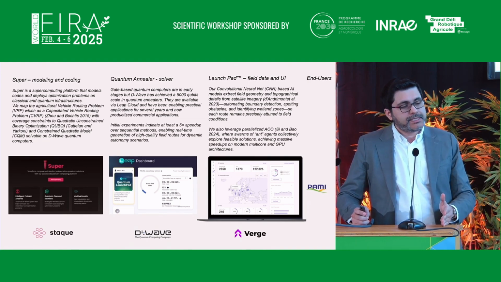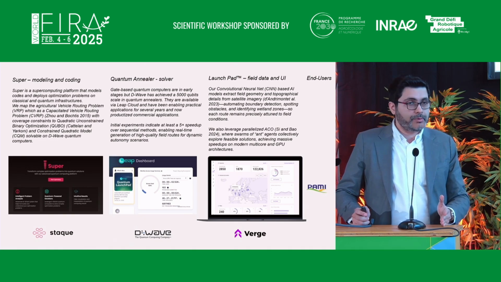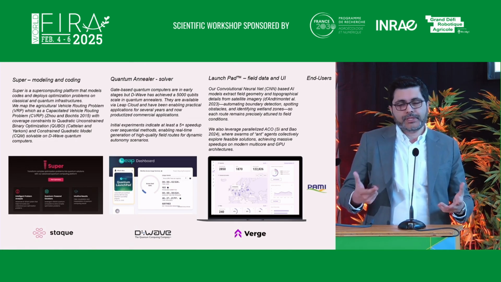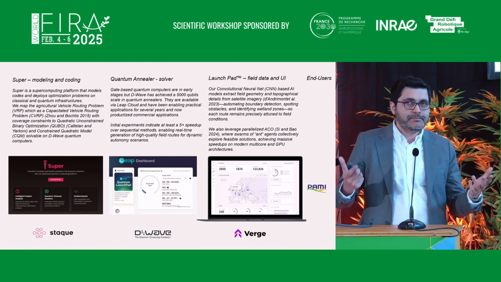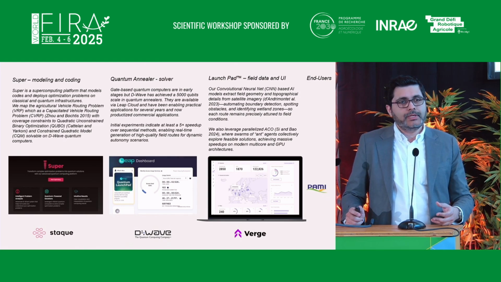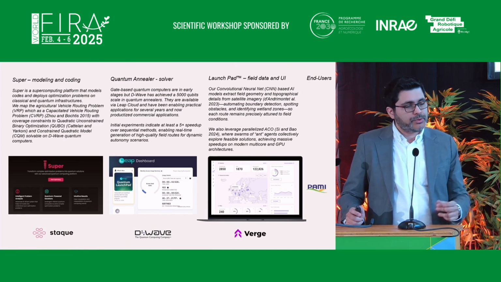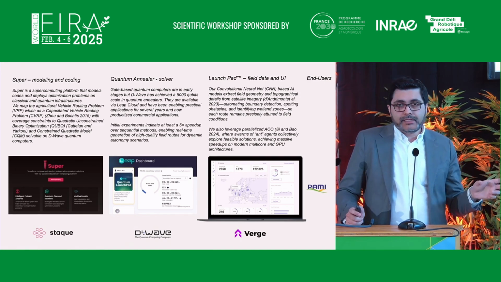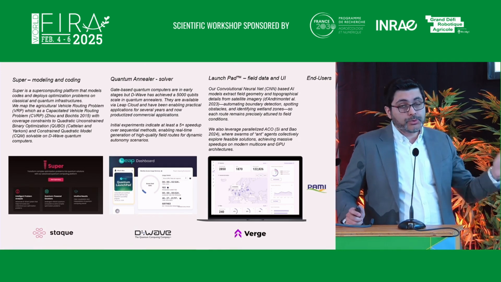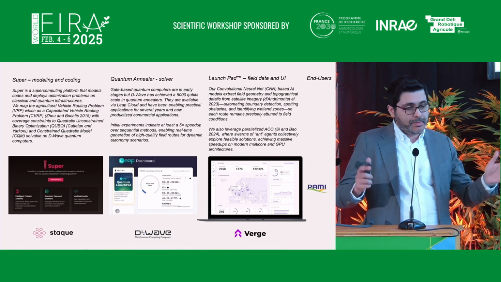Quantum annealers are great at solving optimization problems. They don't solve all problems. For that, you need a gate-based computer, which, as I said, is going to take 5-10 years to get to scale. But with quantum annealers, we already have a 5,000-qubit scale, and that's what we use to solve the problem at scale.